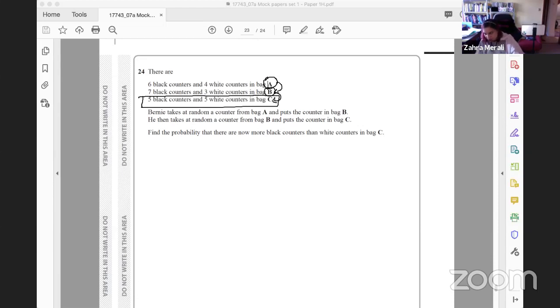So what we're going to do is you could have a black counter from A, followed by a black counter from B, and then put into C. So that means C will end up with 2 more black counters.